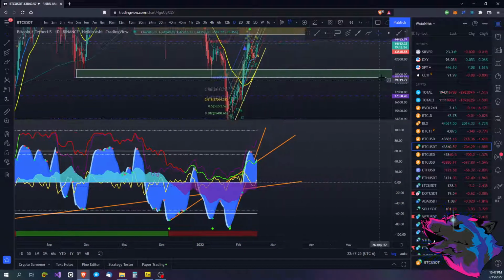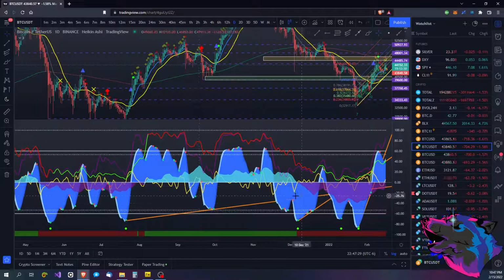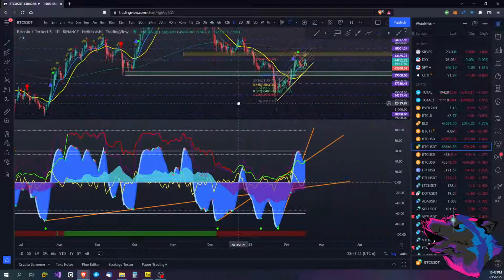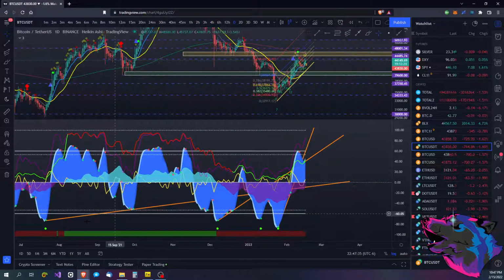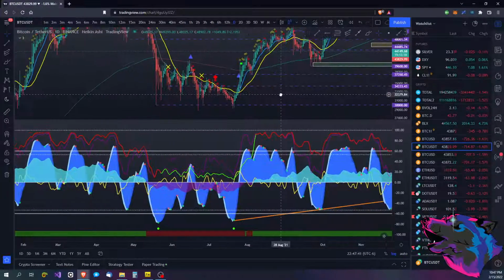See what happens. But I like that one. When you get confirmation further down the line like that, it's a good sign. It bodes well for us.